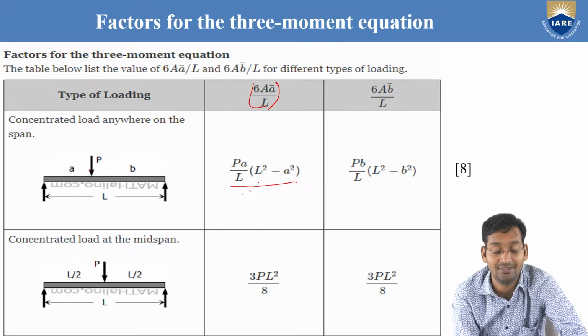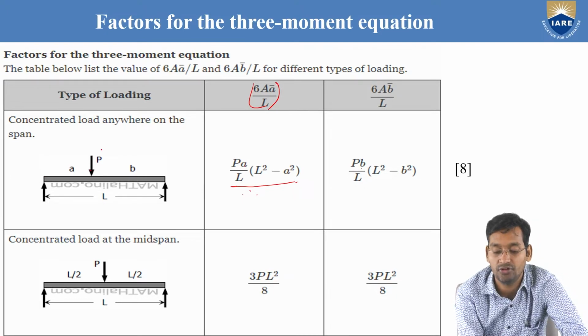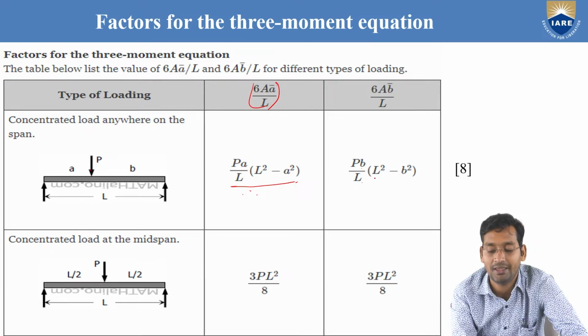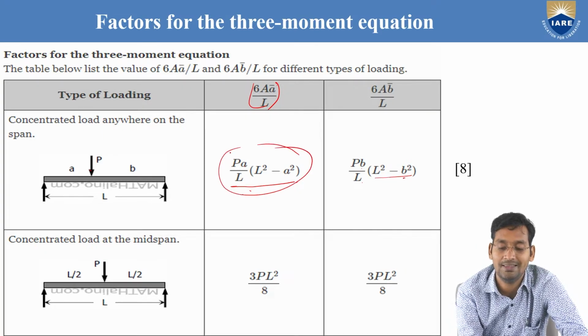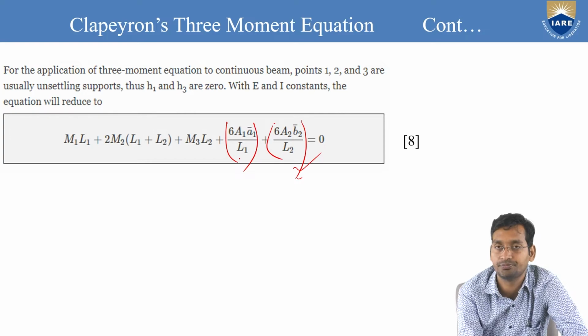So this is for 6A A dash by L. Similarly for 6B B dash by L, PB. You see the difference is PA from this side, then P into B from the other side, L square minus, now again this A will change to B square.